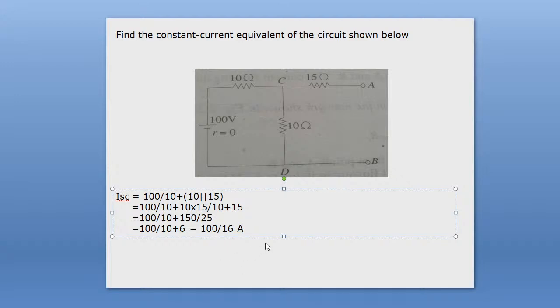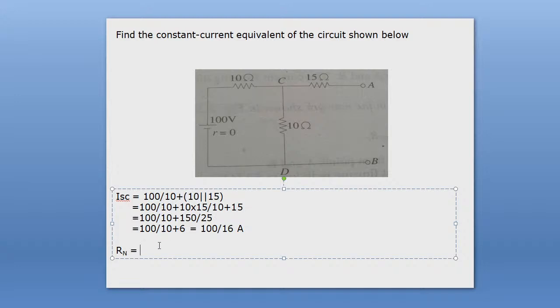Rn, Norton's resistance. Now you calculate the value of Norton resistance. So you see the Norton resistance, if you short the 100 volt source by its internal resistance 0, shorted, then you will get 15 ohm resistance connected in series with the resultant resistance of the parallel combination between 10 ohm and 10 ohm.